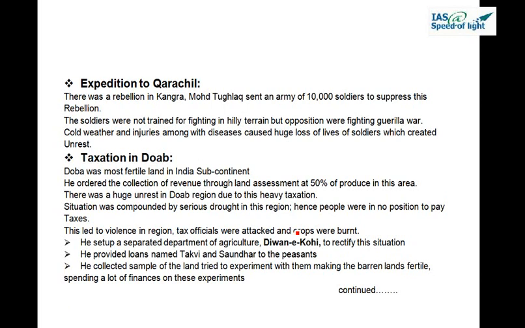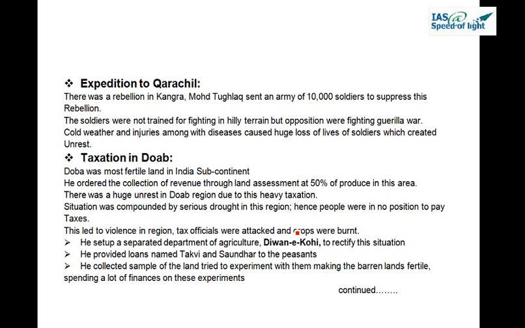Another policy was the expedition to Kurachal. Kurachal is a place in Himachal Pradesh, and there was a rebellion in Kangra in Himachal Pradesh. So Muhammad Tughlaq sent an army of 10,000 soldiers to suppress this rebellion. But Himachal Pradesh is a hilly area.